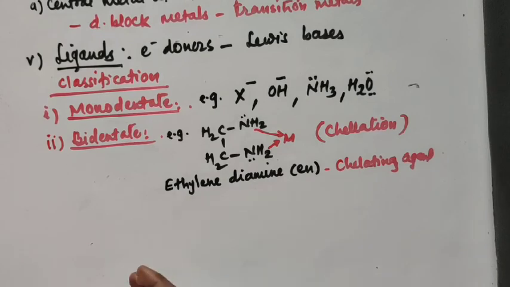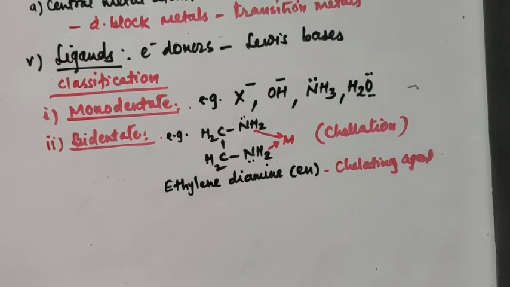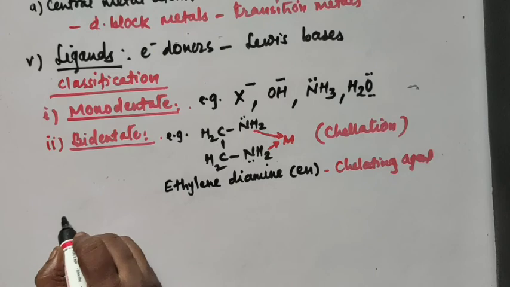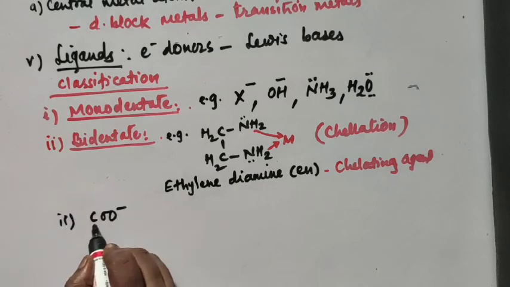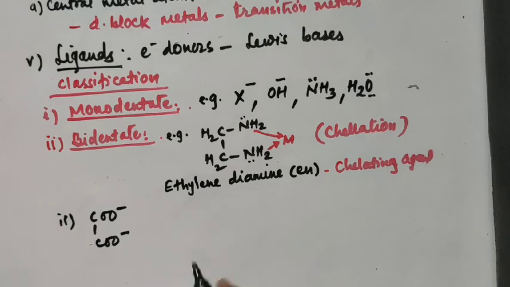In ethylene diamine, two nitrogen atoms are there which can donate the electron pair for the bond formation. We'll take one more example of a bidentate ligand, the second example, and that is COO minus, oxalato ion here.